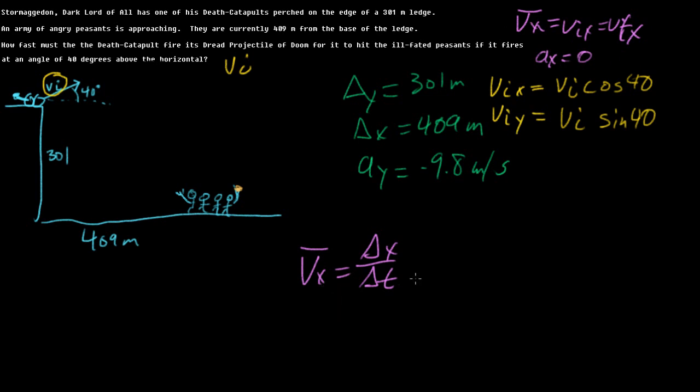So solve this for t. We get delta t equals delta x over Vx.